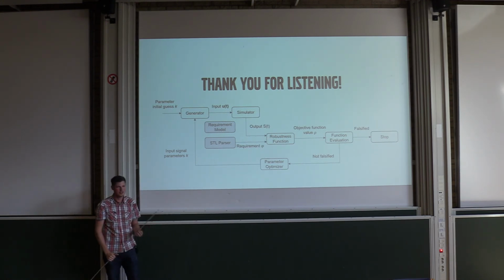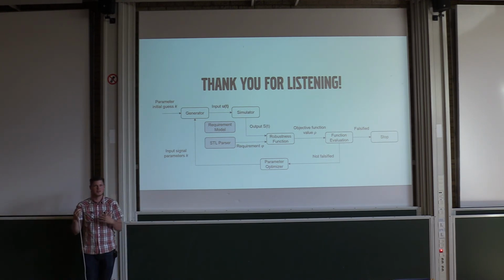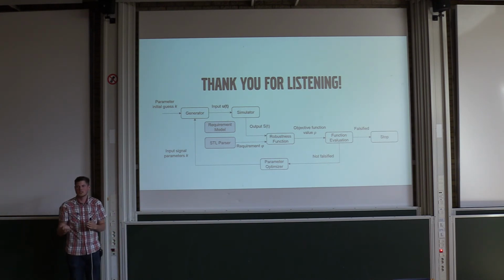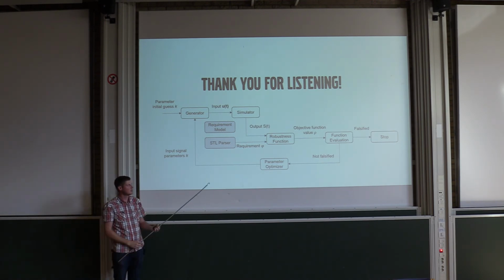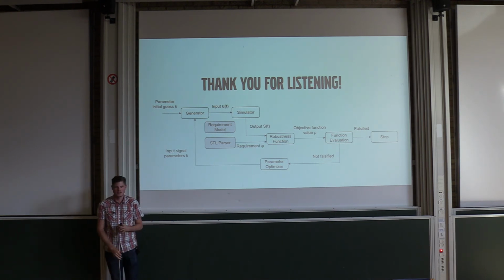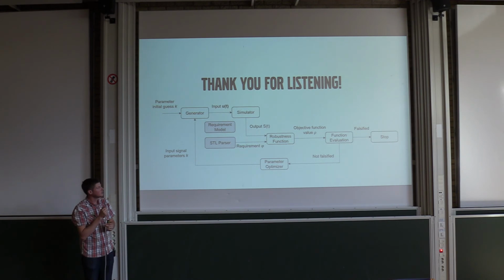So the definition that I gave before of STL robustness, maybe we can define it in some other way to make it easier for these stochastic optimization solvers to converge more quickly towards the best solution, I mean the minimum robustness value. So we're looking at how we can reformulate the robustness value for different STL operators. That's one problem, I guess.